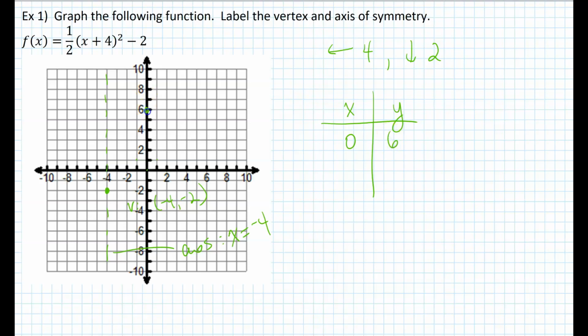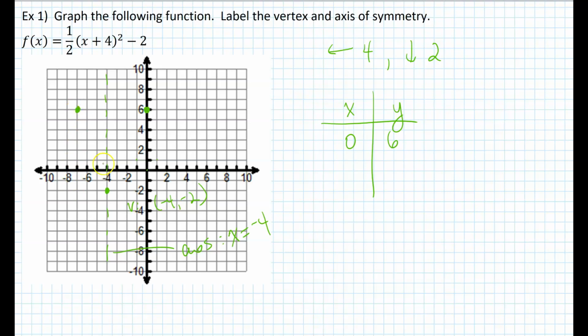That's still on our graph. And if we know that 0 goes with 6, what other value can we get from that pretty easily? -8. -8 would also go to 6. We can just use the symmetry.